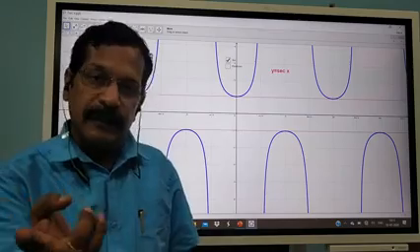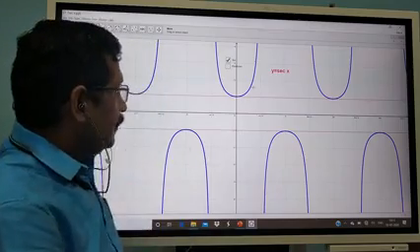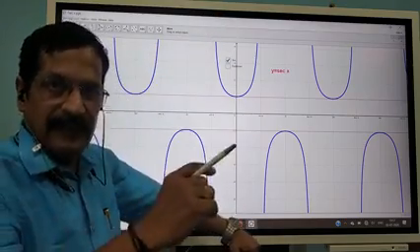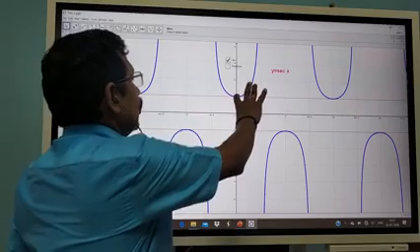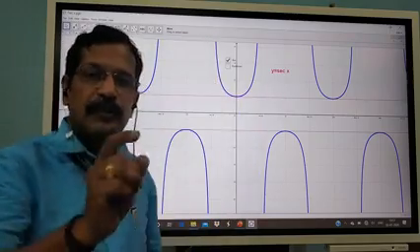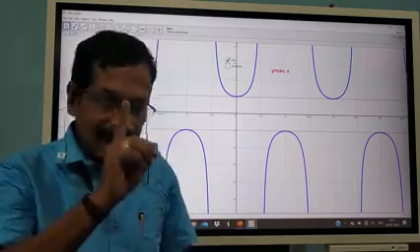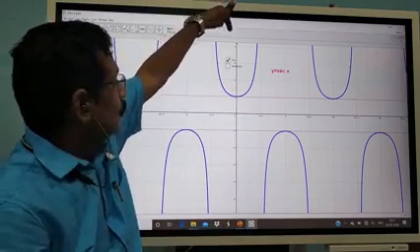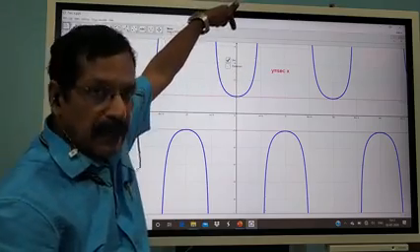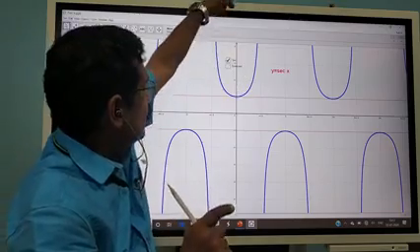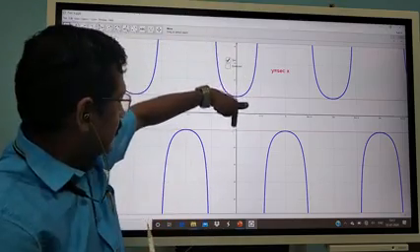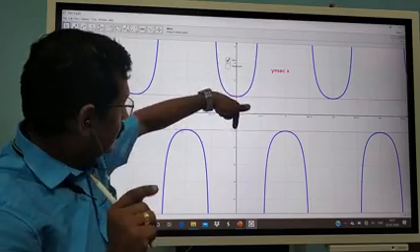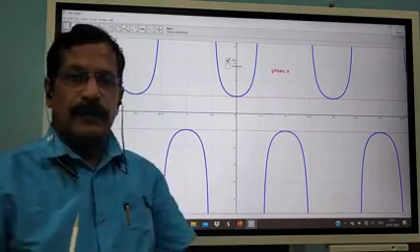So, what will be the range? The range will be the entire real line, from which the open interval minus 1, plus 1 is excluded. That is, y is greater than or equal to 1 in the case of the secant function, and otherwise y should be less than or equal to minus 1.